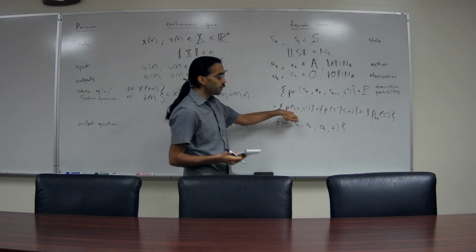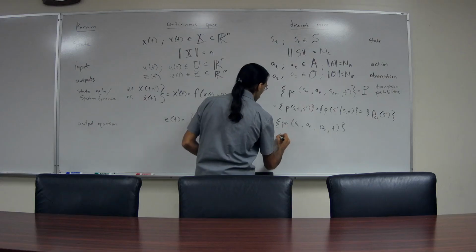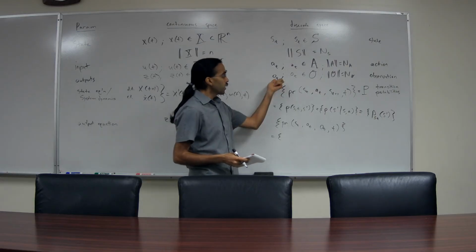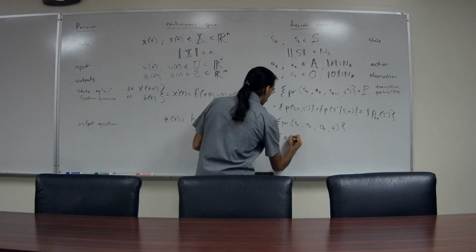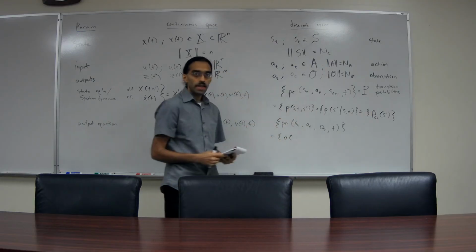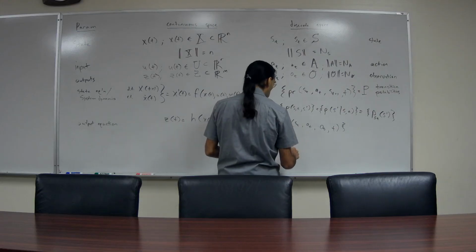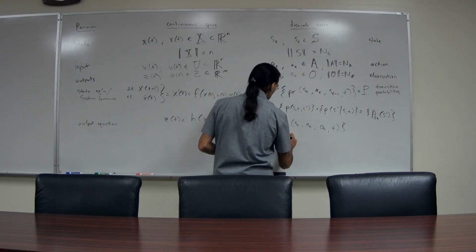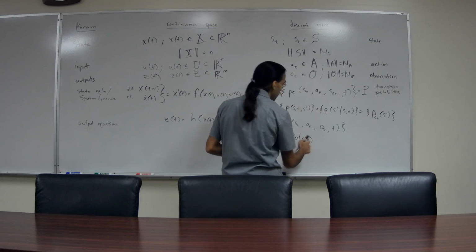Now, the letter P has been taken by the transition probabilities, so instead we'll give it a new letter, and this is where notation starts to get confusing. We'll just go ahead and call it O again. So we can either say that rather than it has some state action next state, we can just call this the probability of, let's do this. So we could write this as the probability of O given S and A, similar to this one.